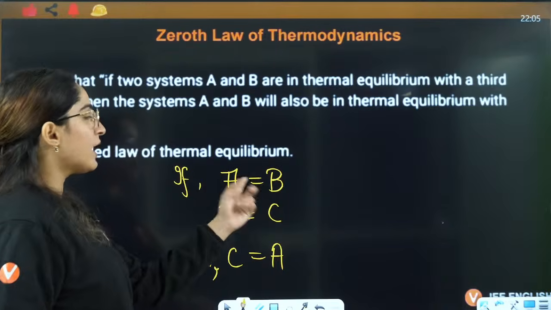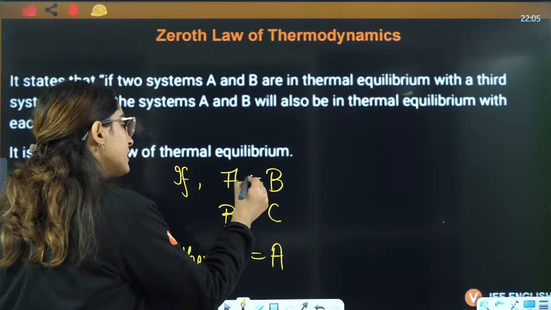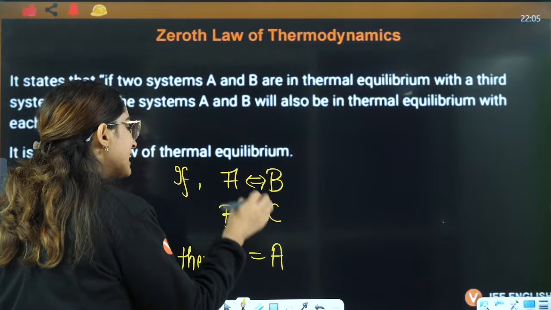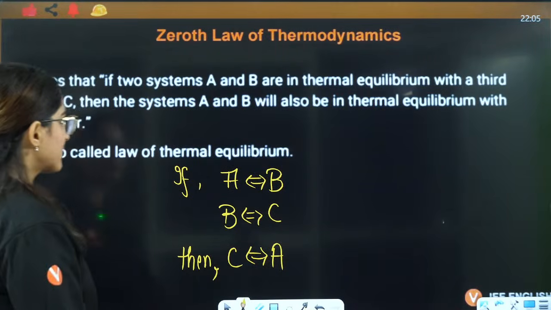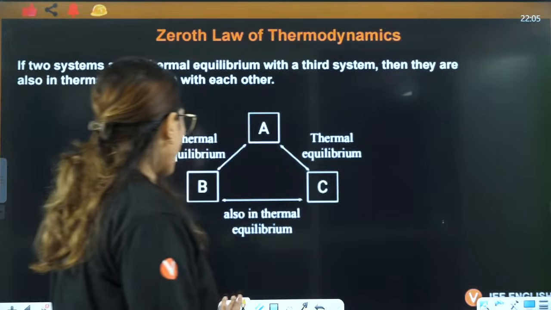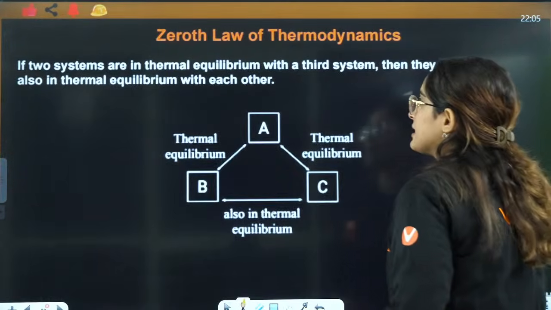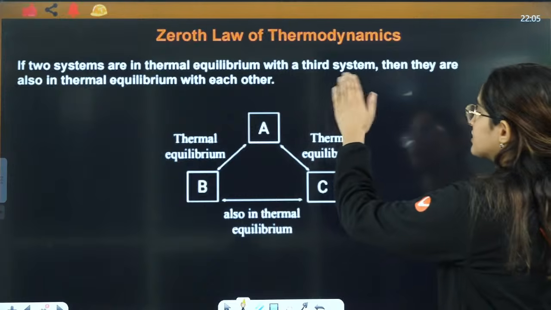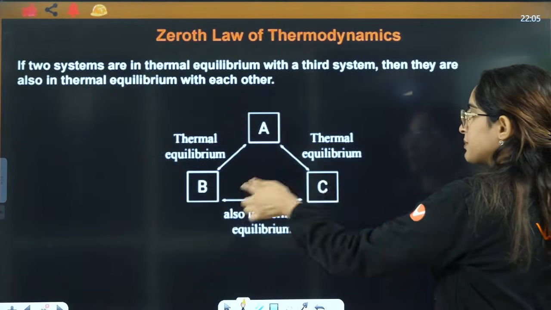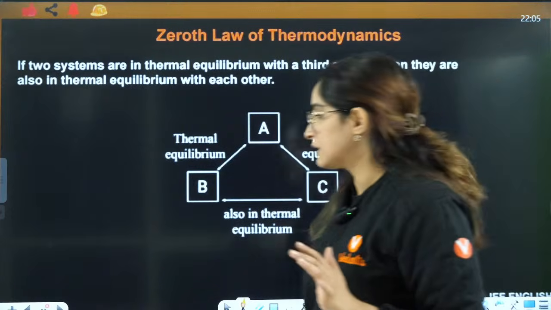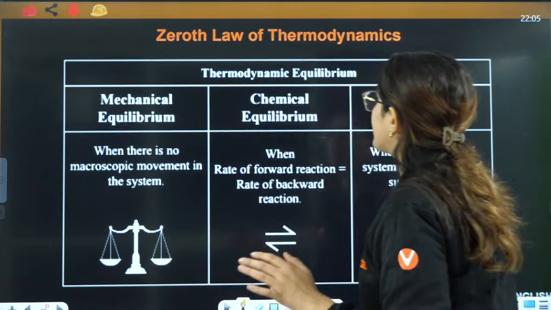If A and B are in thermal equilibrium and B and C are in thermal equilibrium, then A and C will also be in thermal equilibrium. That is the zeroth law of thermodynamics, right? These two are in thermal equilibrium with the third system, so these two are also going to be in thermal equilibrium, right?